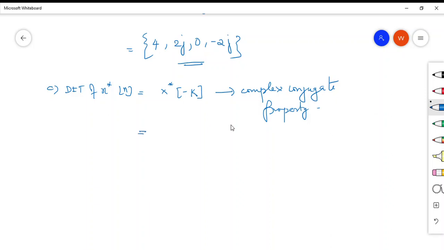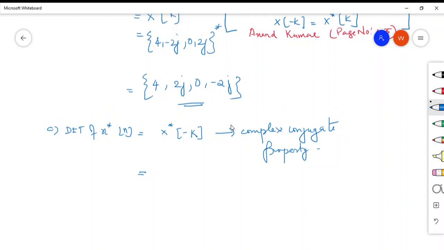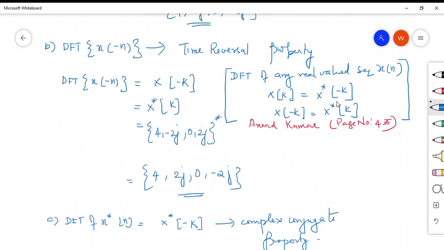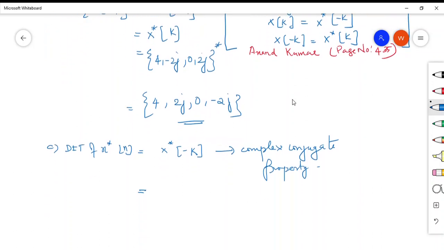This can be equated to X of k from this one: X conjugate of minus k is equal to X of k. So the DFT of x conjugate n is equal to X of k, that is, the same sequence will come: 4, minus 2j, 0, 2j. So this is the answer for x conjugate n.